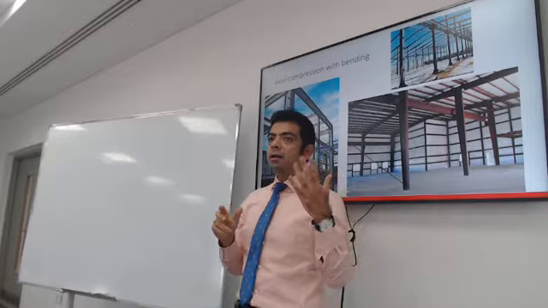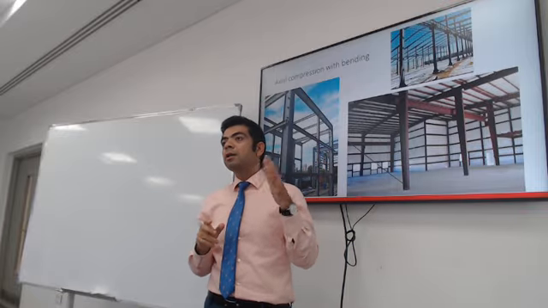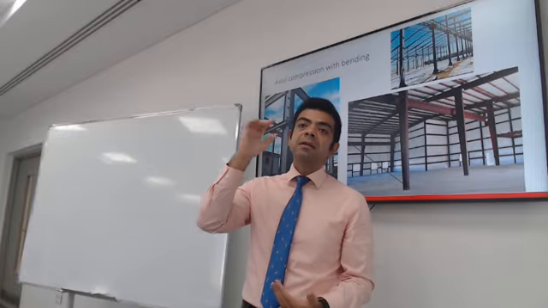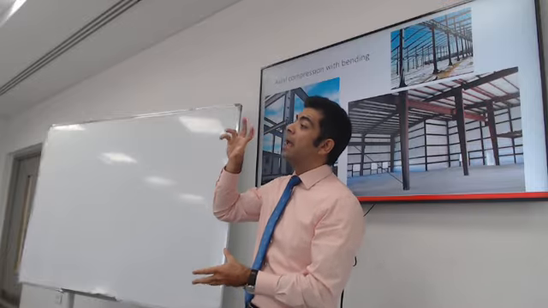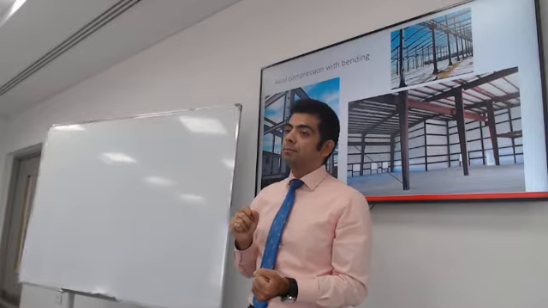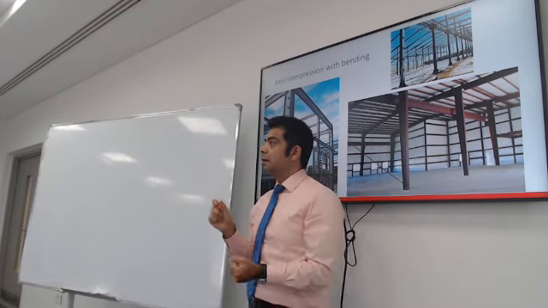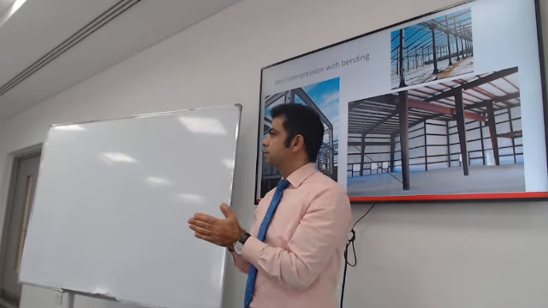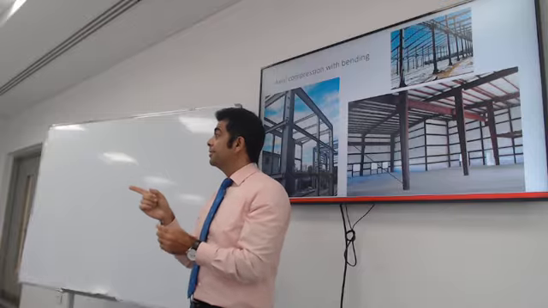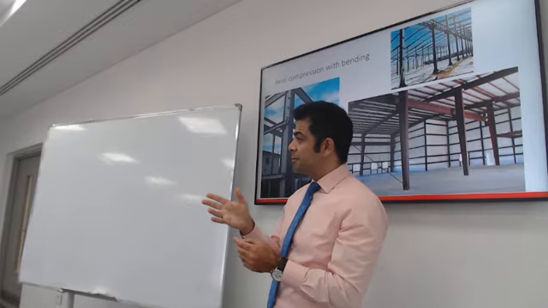If you're designing a column, what are the forces on a column? Is it just axial load, or can you have a case when you have axial and moment on the column? Axial and moment. Yes. What would introduce a moment on a column? A crane. How would a crane introduce moment on a column?